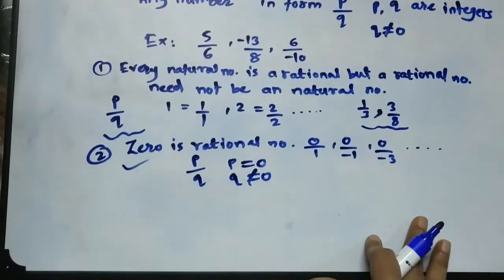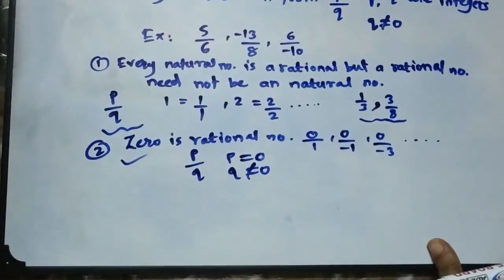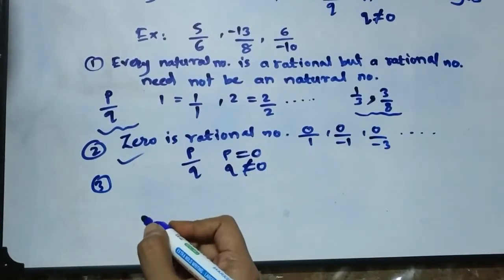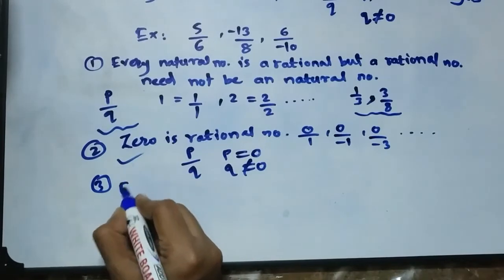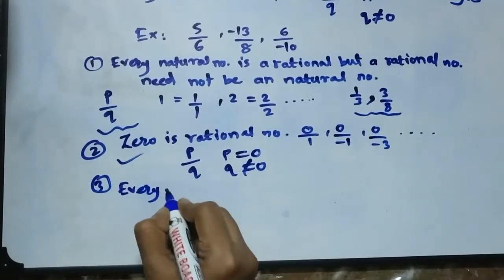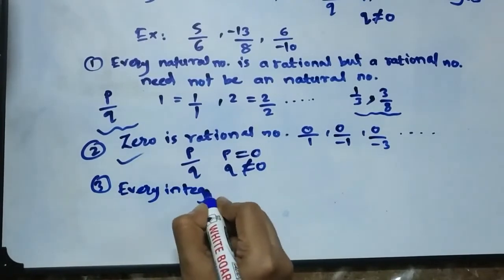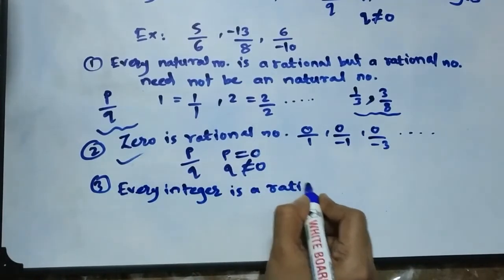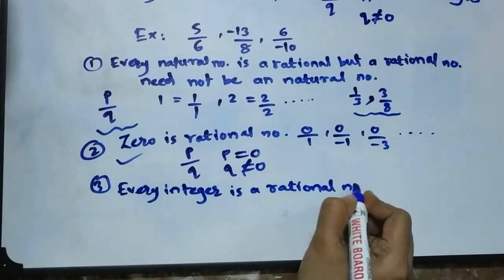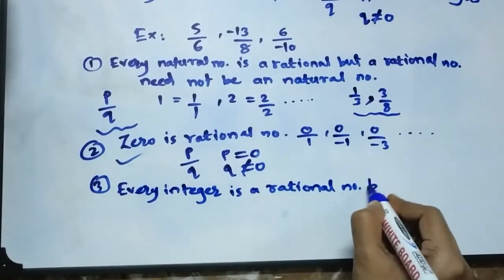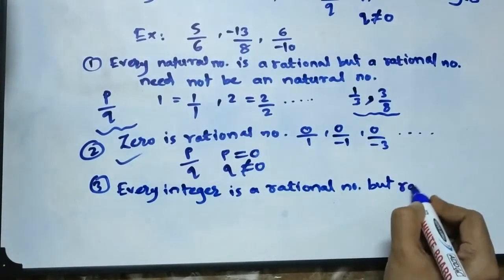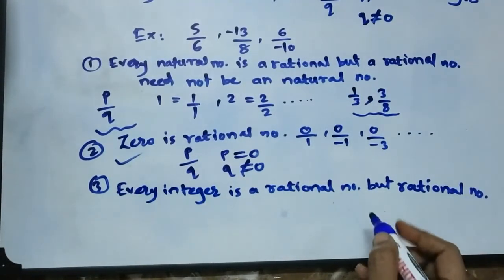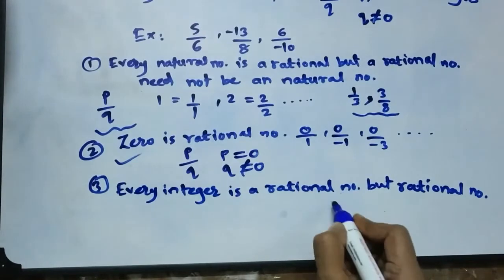Next, friends, that is our third property: every integer is a rational number. But the reverse is not true. A rational number need not be an integer.